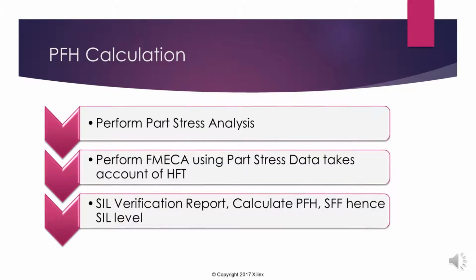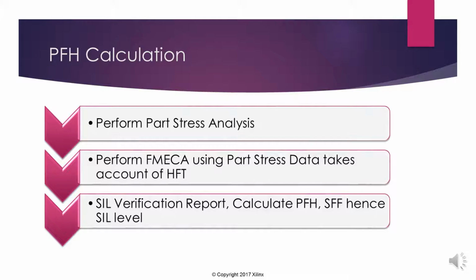So just to wrap up the theory side of it, a really simple flow to calculate our mean time between failure and our SIL level is that we can perform a part stress analysis, and we can perform the FMEDA using the part stress data, taking into account the hardware fault tolerance. We can take into account the ground benign environment and such like, the MIL standard 217 environment and its failure rates, and use that to calculate all that.